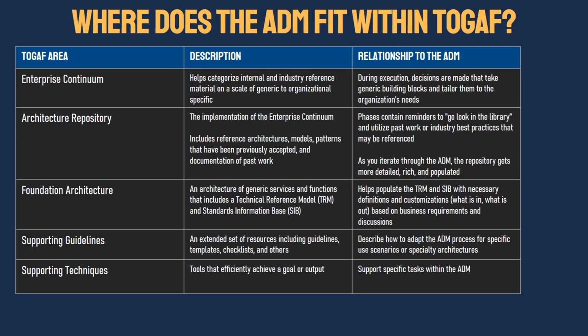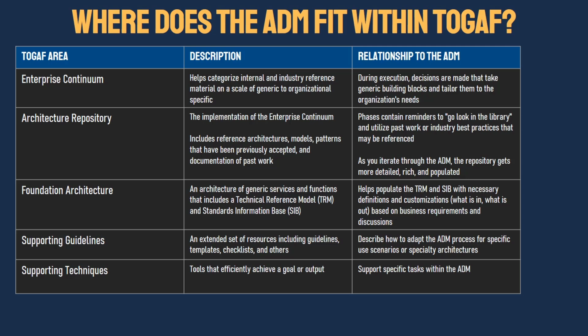In terms of its relationship to the ADM phases, they often contain reminders to go look in the library and utilize past work. And as you iterate through the ADM, this repository becomes more rich, detailed, and populated because you take things that are generically in the library, fit them to your needs, and then contribute by checking them back into the library.